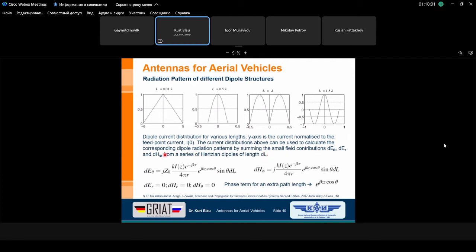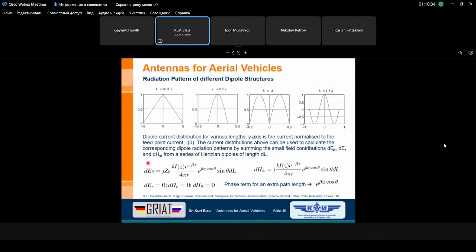We have a series of Hertzian dipoles of length dl, and the integration depends on the figure of these antennas, in our case, more or less long dipoles. This integration alone lets us determine at least the radiation pattern. So this is one method.